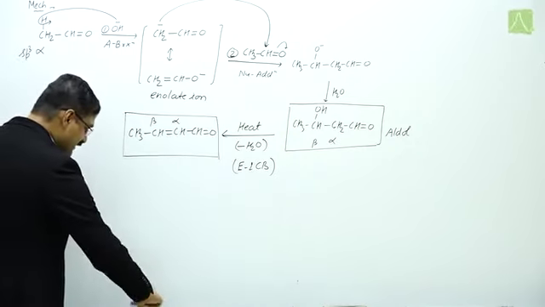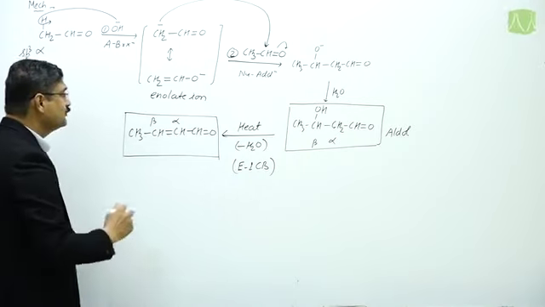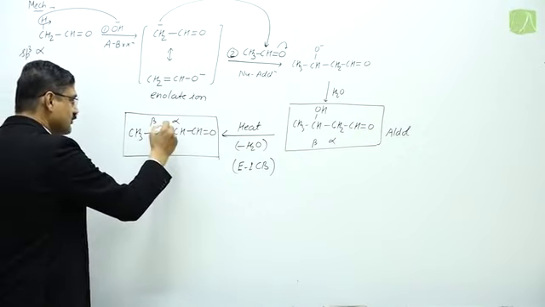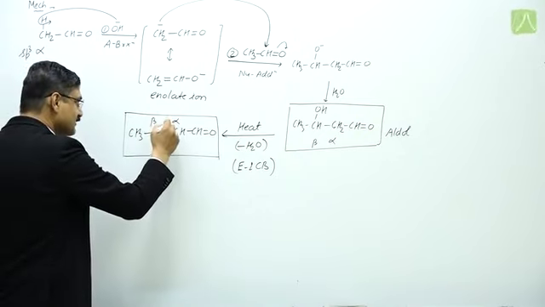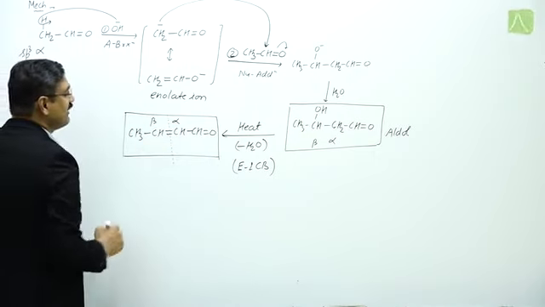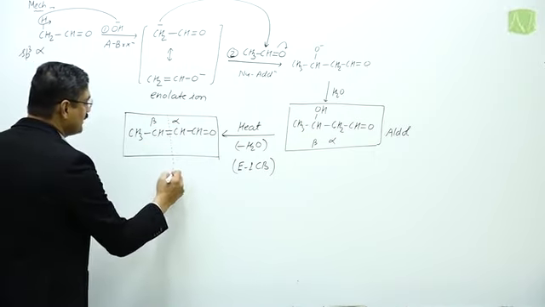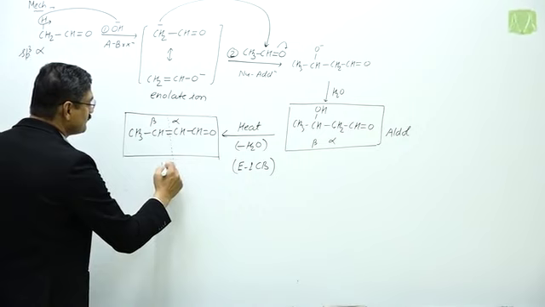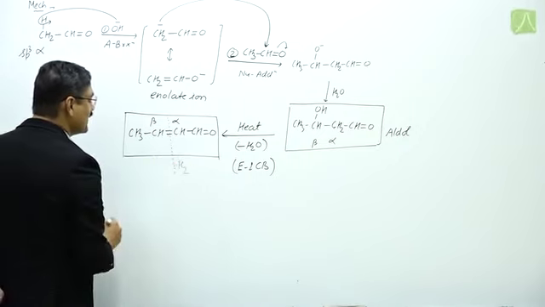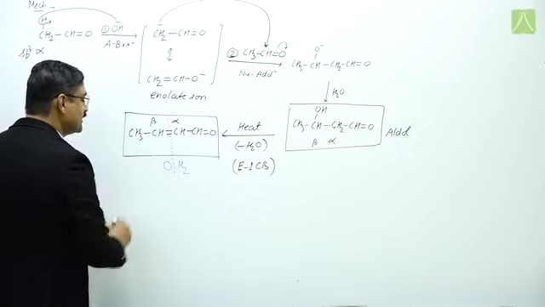Now the trick is this: how to identify the reactant from the product. Please break the bond between alpha and beta carbon and return their molecules. So at the alpha position return the hydrogen atom and at the beta position return the oxygen atom.